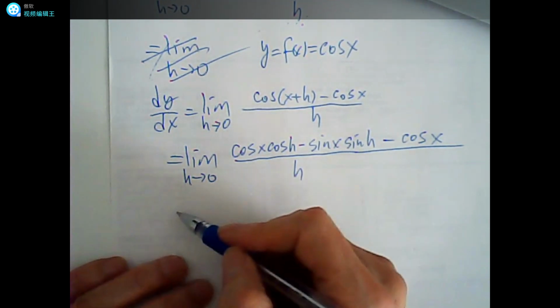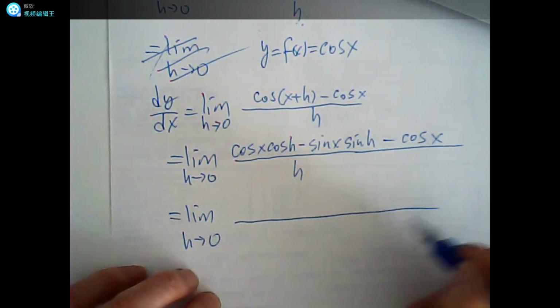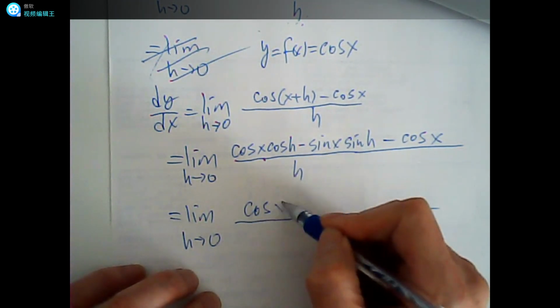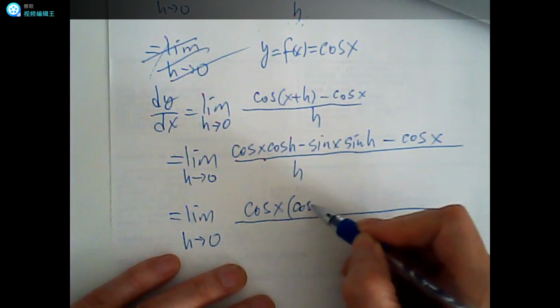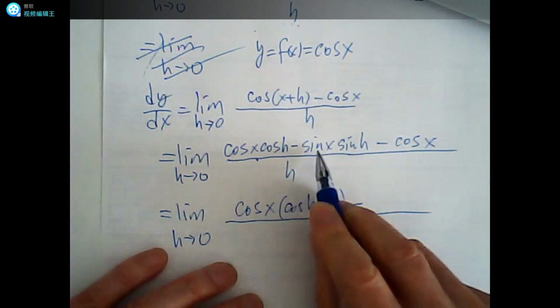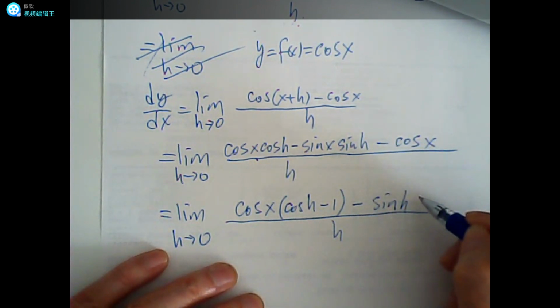And then the algebraic work: h, this one, common factor cosine x, plus cosine h minus 1, minus sine h sine x, right?